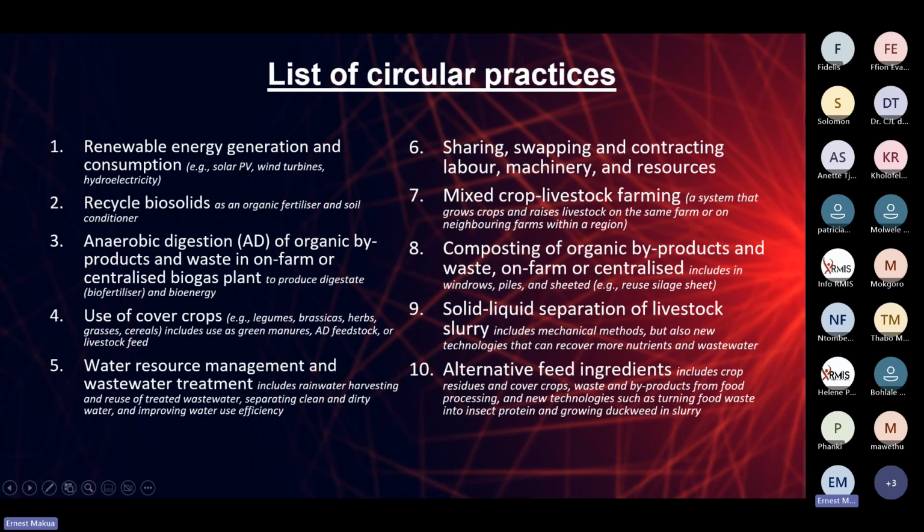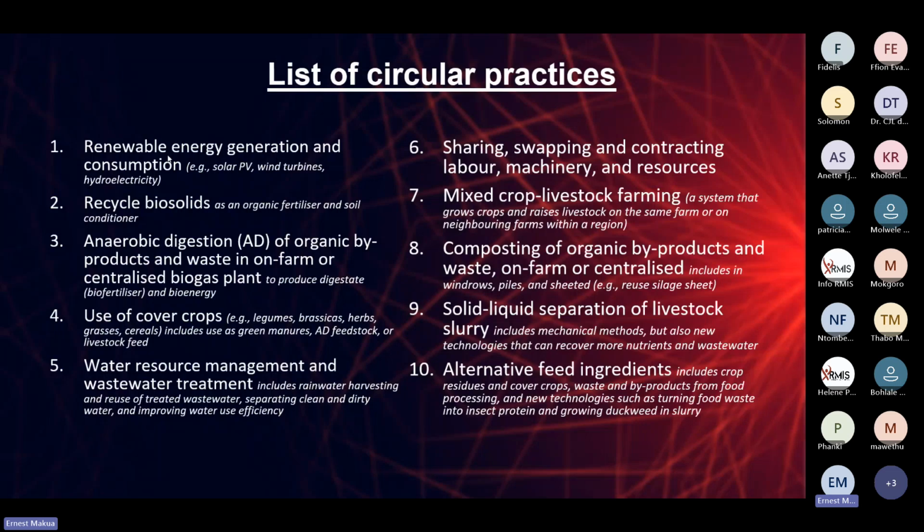And the sixth one speaks to the sharing, swapping or contracting of labor, which includes, amongst others, machinery and resources like the tractor, and all the resources that are very important on the farms. Are the farmers sharing the equipment on their farms, or are they only using their own resources?